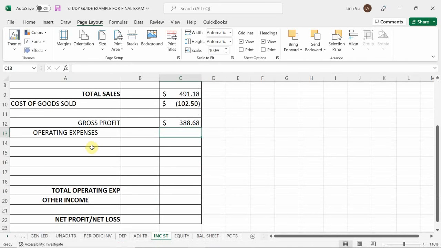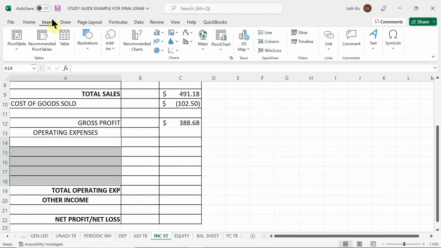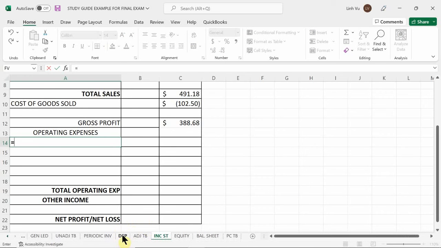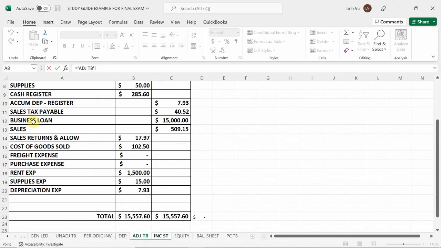Now I need to list out all of my operating expenses. These are the expenses that I spent money on to operate my business. So what would be my very first operating expense?